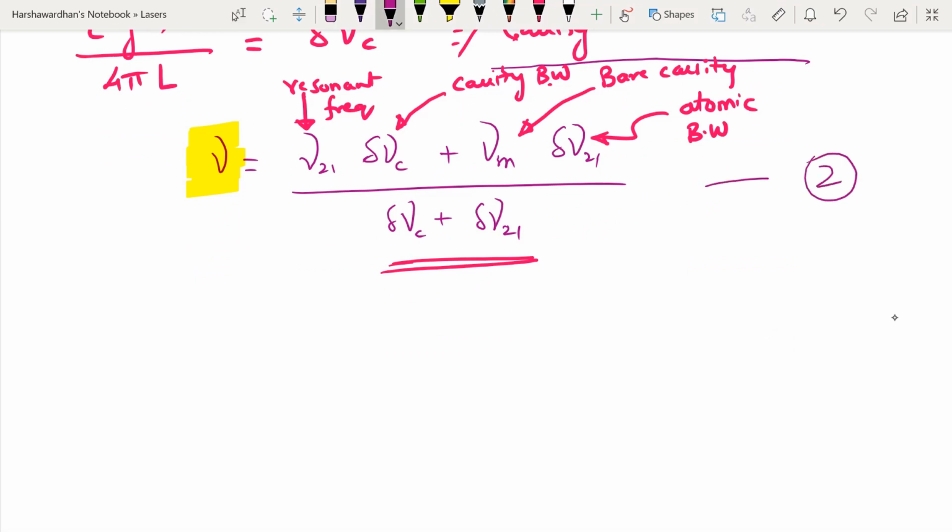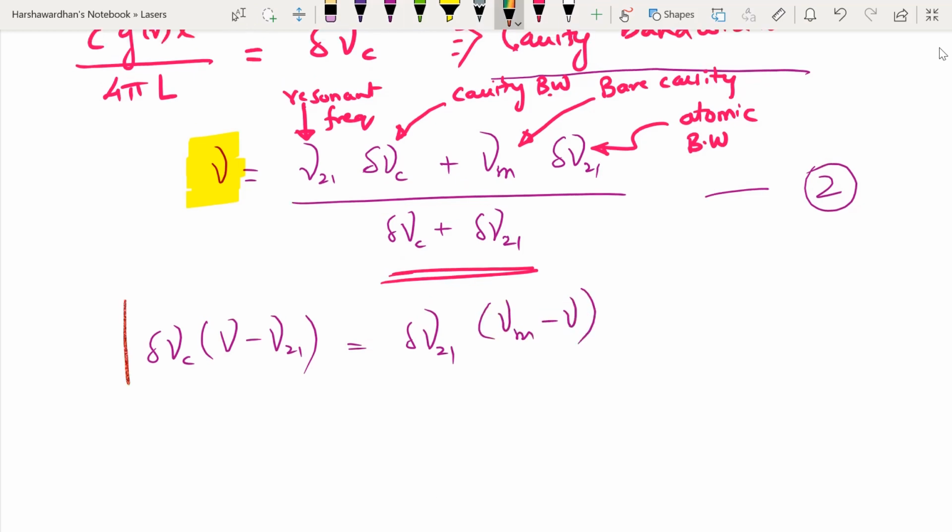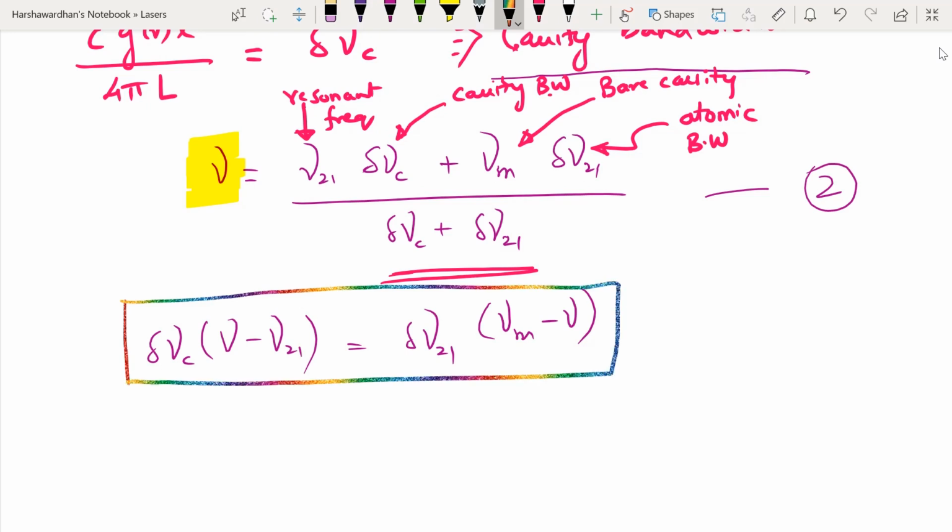Let me rewrite this. So this comes out to be delta nu_C times (nu minus nu_21) equals delta nu_21 times (nu_m minus nu). So this is a very interesting equation. Let me call that equation 3 because of the following reason. Nu is the laser frequency that is actually oscillating. Imagine that my laser frequency was smaller than one of the modal frequencies, which are the bare cavity frequencies.